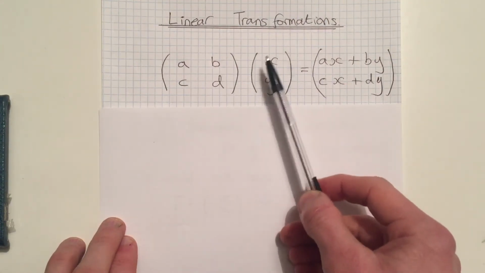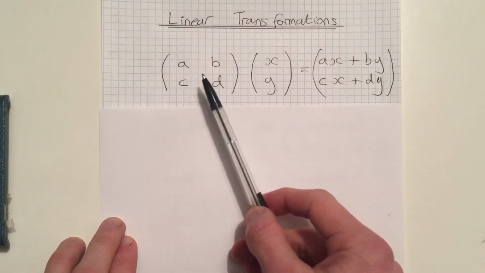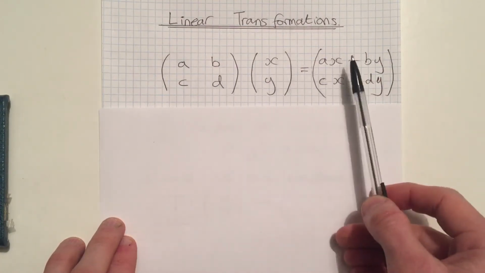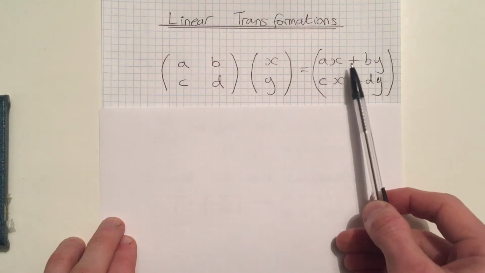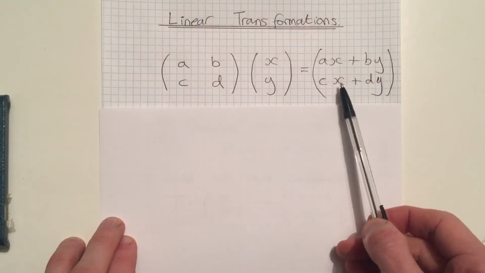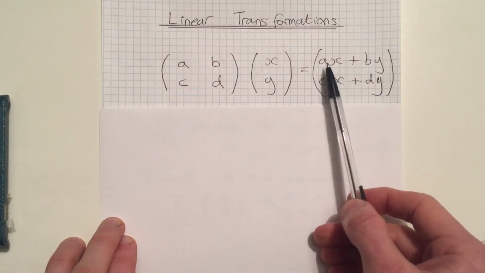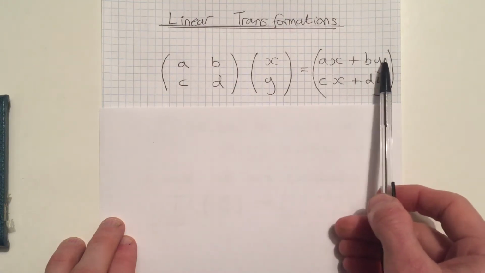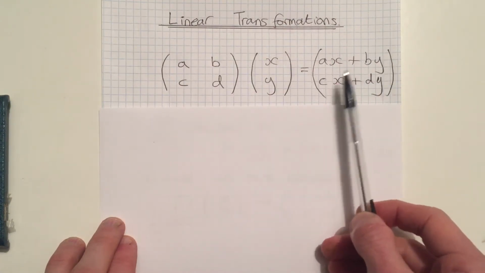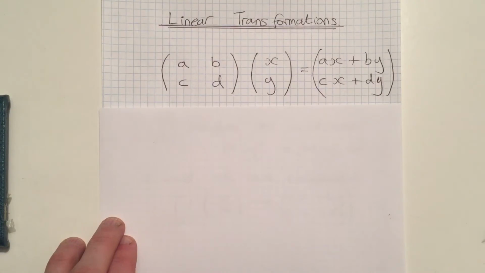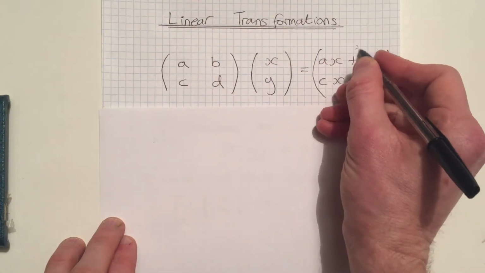I'm taking a coordinate x, y, multiplying it by this matrix, and getting another coordinate, ax plus by and cx plus dy. This is the new x coordinate, and this is the new y coordinate. So I could call this x dash.